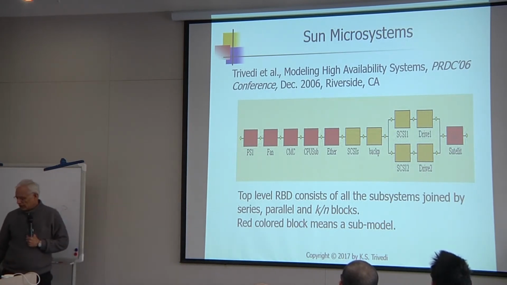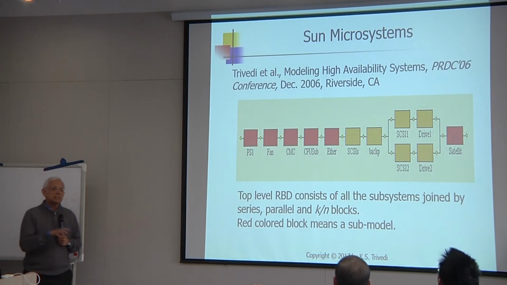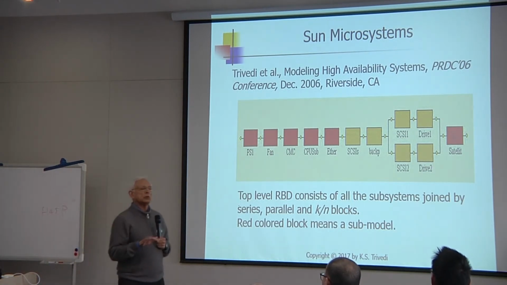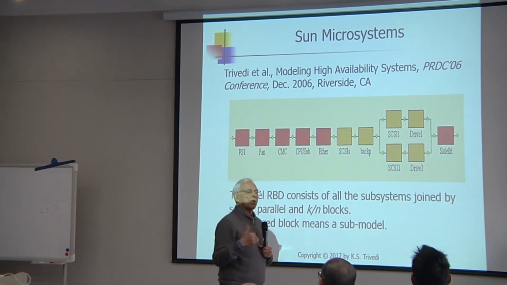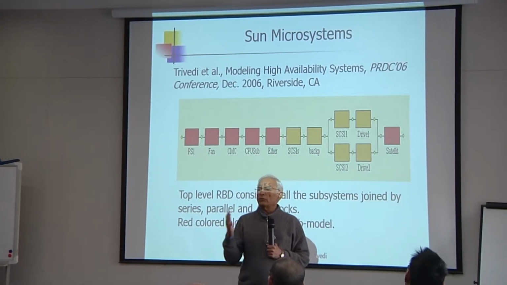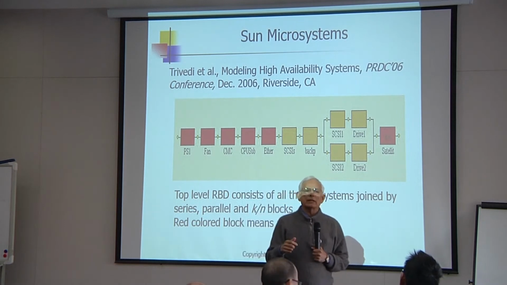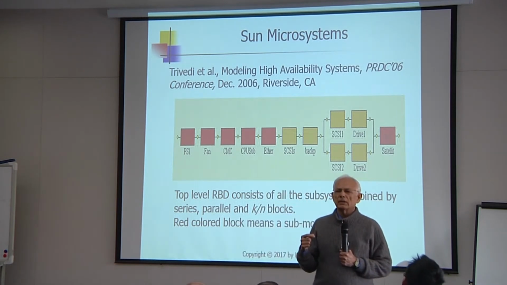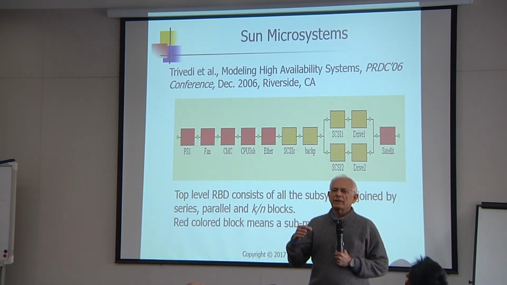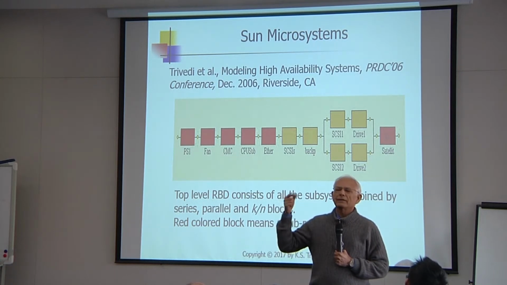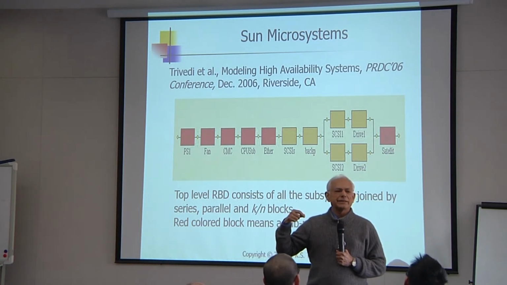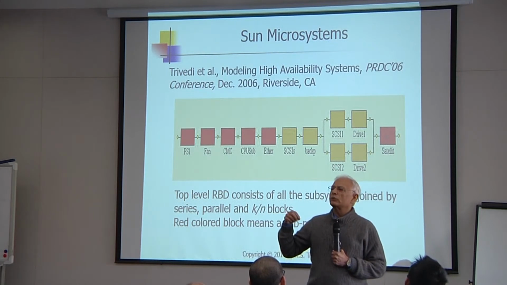Now, quite often, depending on the industry, we go to another representation called fault tree. How many of you have heard of fault tree? No? Okay. It turns out that the computer and communication industry uses reliability block diagram, but nuclear, aerospace, and safety critical industries tend to use fault tree.